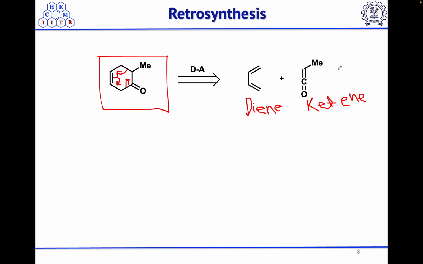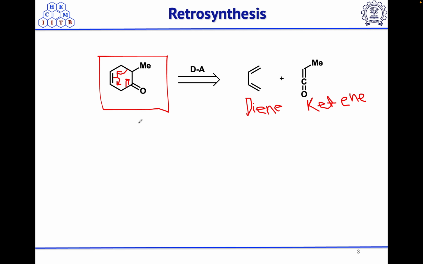It is a good substrate for 2+2 cycloaddition, so 4+2 with ketene is very difficult. As this reaction with ketene will not work, we can't make it via the normal 4+2 cycloaddition. Then what are the other possibilities? How can we make this molecule?